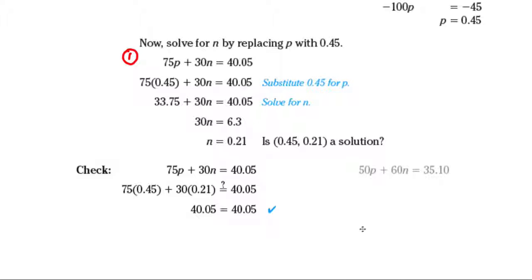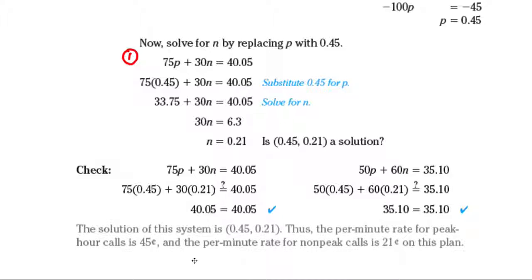We go to equation 2, 50p plus 60n equals 35.1, substitute p and n respectively, and end up with a true statement as well. So the solution of this system is 0.45 and 0.21. Thus the per minute rate for p calls is 45 cents, and the per minute rate for non-p calls is 21 cents on this plan.